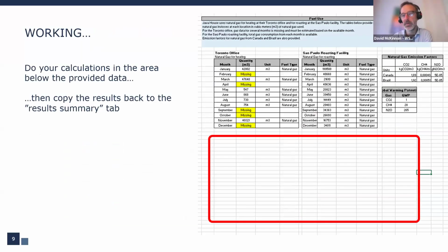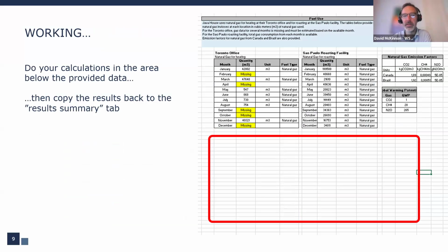The easiest way would just be to do the calculations below the information. But remember, you're trying to do this as a team, so you're going to have to select one person to do it, or if somebody's really sophisticated, they can do some kind of shared Excel file online. But it's probably easier for one person to do it with a shared screen.